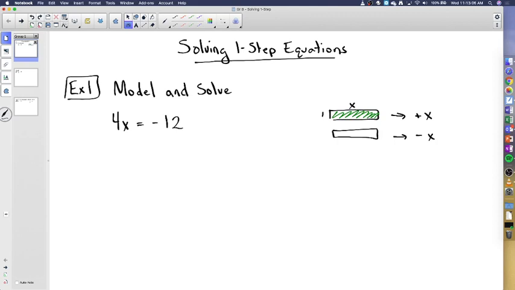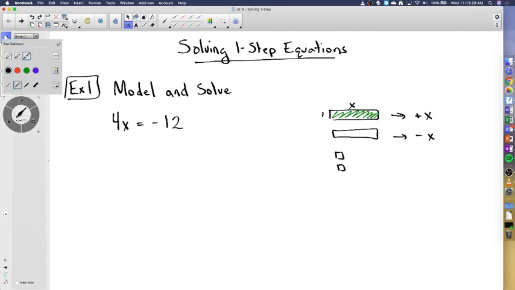So the area of that is going to be 1 times x, and whatever x is, it's just going to have that area. So if x was, let's say, 7, 1 times 7 would give us a value of 7. So we have that fixed width of 1 and an undetermined length of x. So that's where we get that x tile from. We're also going to use these little tiles for our 1s.